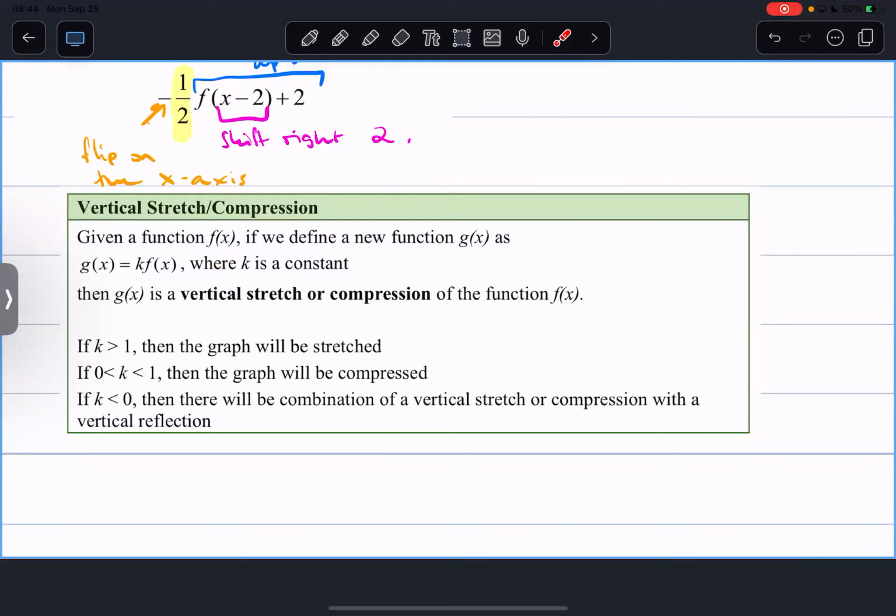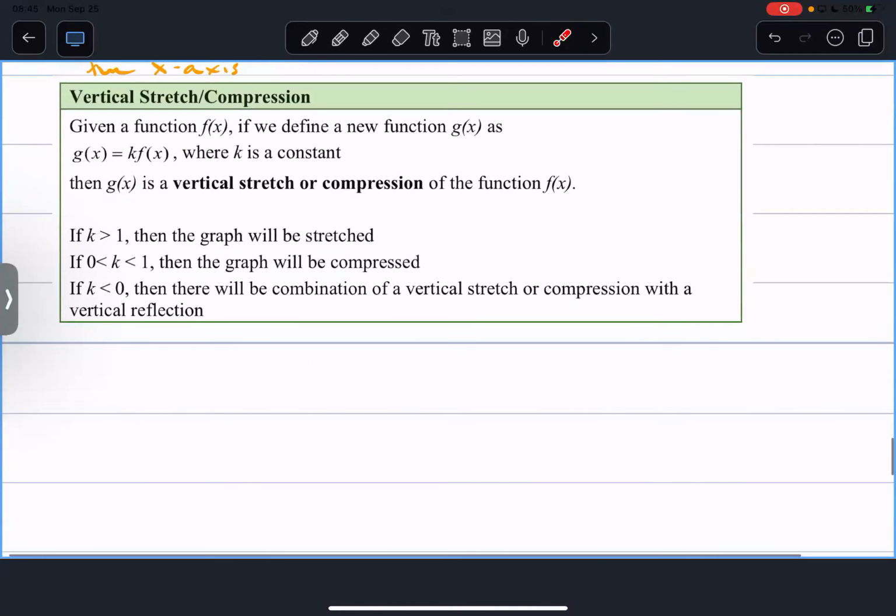So if g of x is k times f of x, where k is some constant, that's what we saw, we saw k is 1/2, then it's either going to be a stretch or a compression of the function. So if k is greater than 1, not a decimal, then the graph is going to be stretched, but that's not what we had.